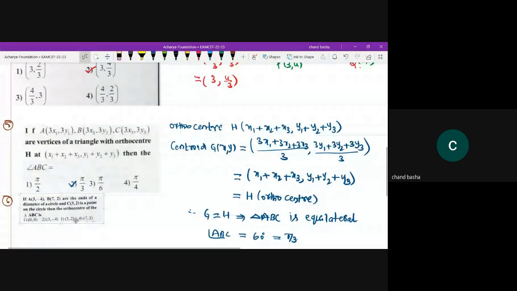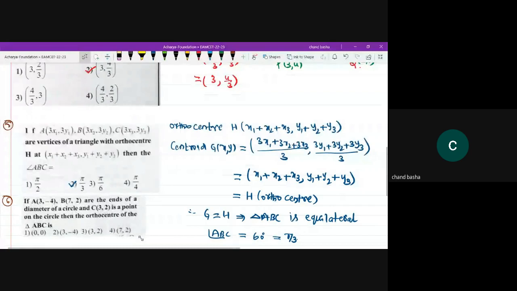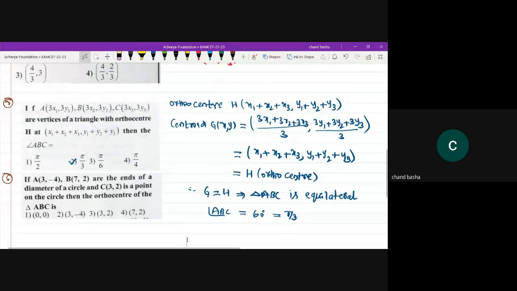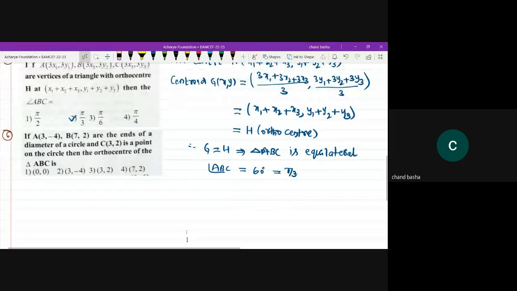Yeah, so this is the question he has given. A, B vertices are given, the ends of the diameter of the circle, and C is a point on the circle. Then the orthocenter is. A simple concept we need to use here.